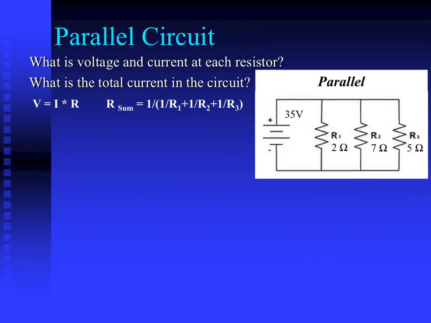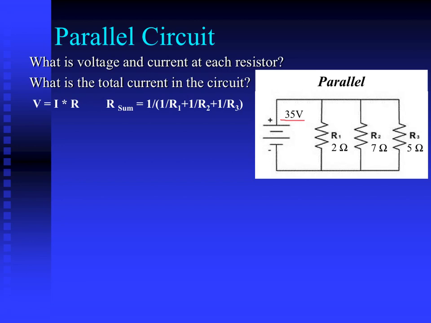Okay, now let's look at a parallel circuit using the exact same values that we just used in the series circuit. And we'll compare the current and voltages in this circuit in parallel compared to the series. So here we have a parallel circuit with the same 35 volt potential energy source.